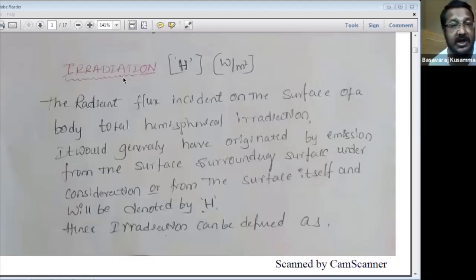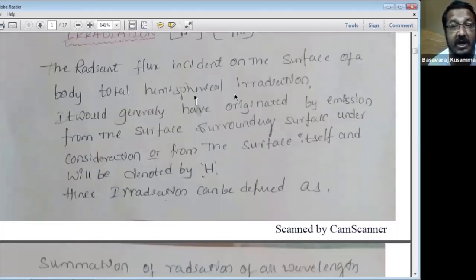Radiation flux incident on the surface of a body is the total hemispherical irradiation.